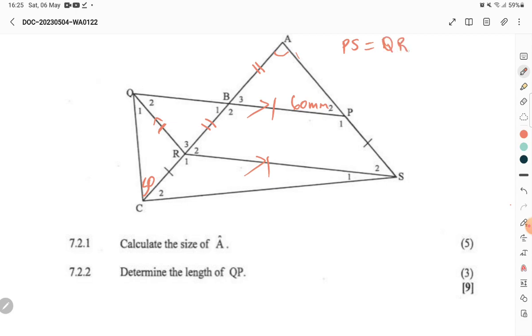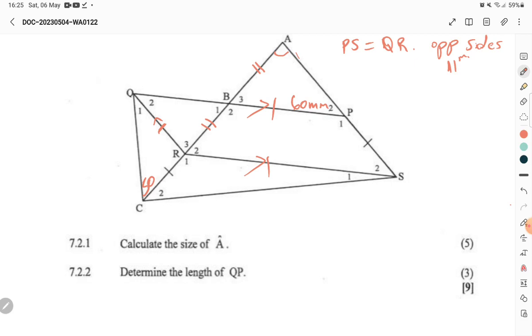The reason is that these are the opposite sides of a parallelogram. This is how you shorten parallelogram.